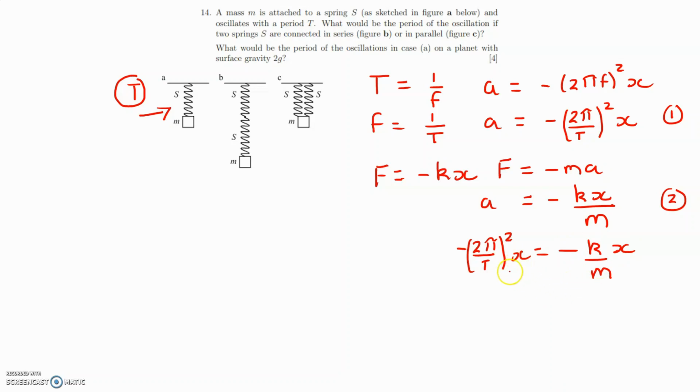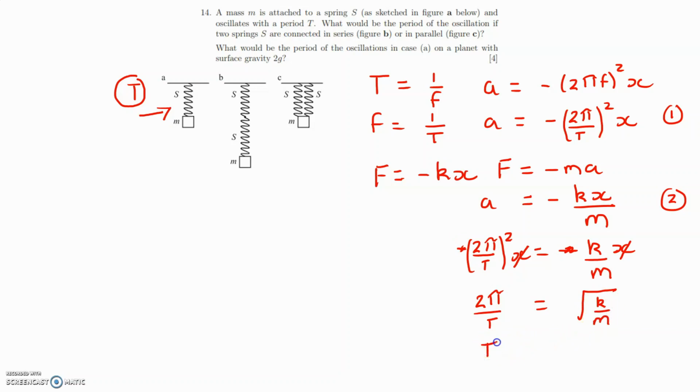Okay, and we can cancel out the x's, and I want to get an expression for the period, so I'm going to square root both sides, so I end up here with 2 pi over T, and the minus signs will cancel, equals the square root of k over m.